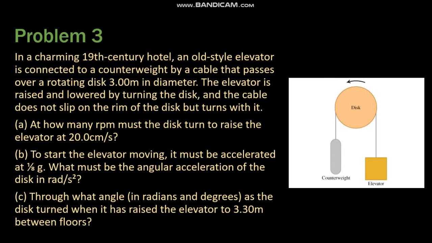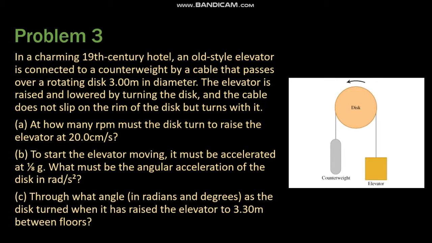So this is the figure. This is the disc, this is the counterweight, and this is the elevator. So it's a primitive style elevator, an old model which doesn't have electronic capabilities, only purely mechanical, purely forces, purely tension.